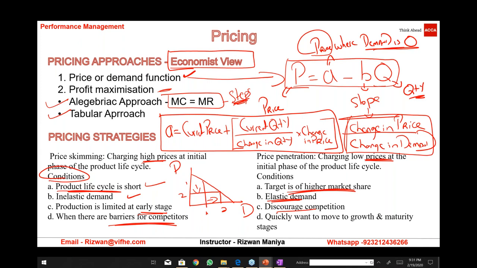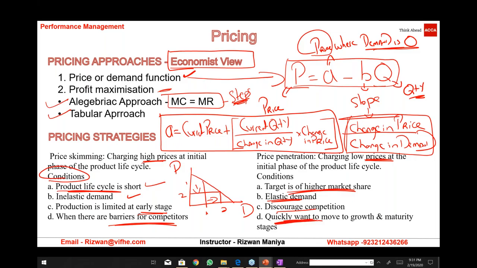Or you need to discourage competition. So when you need to discourage competition, no, you won't be asked to draw a graph in the examination. Okay. So to discourage competition, you charge a lower price.